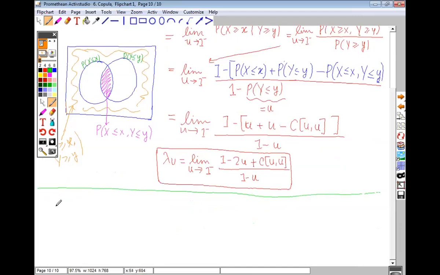Okay, so what I was telling you guys is about something, lambda U. As of now, I'm seeing that its limit, u goes to 1 minus, right? And I've started with the probability that X is greater than x, Y is greater than y, upon the probability that Y is greater than y. So this can actually also be written as u going to 1 minus.